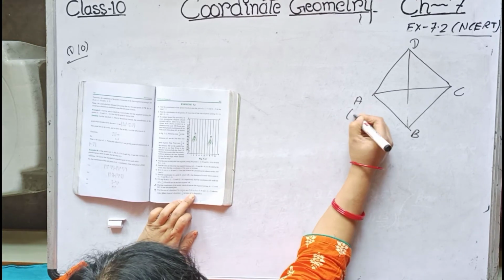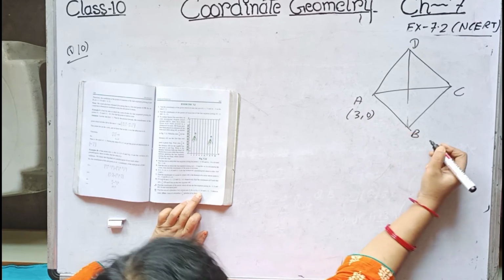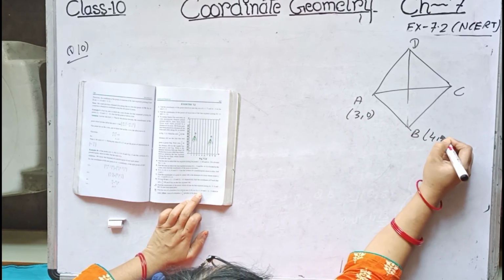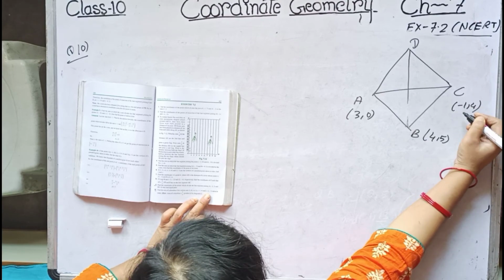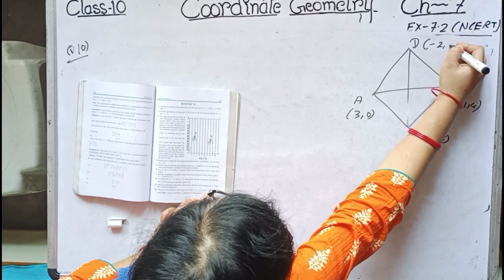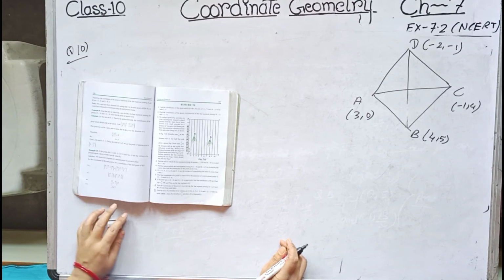Let us start with A (3, 0), B (4, 5), C (-1, 4), and D (-2, -1). Now what we have to do?